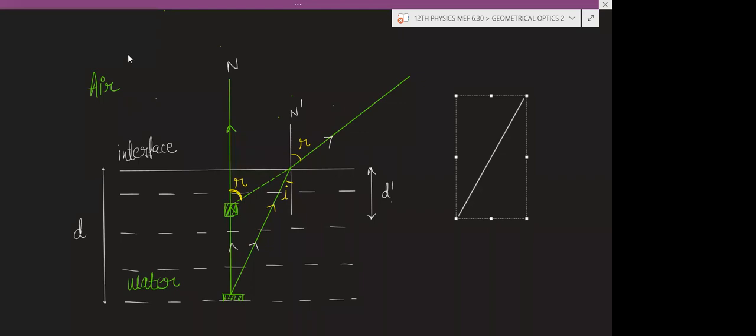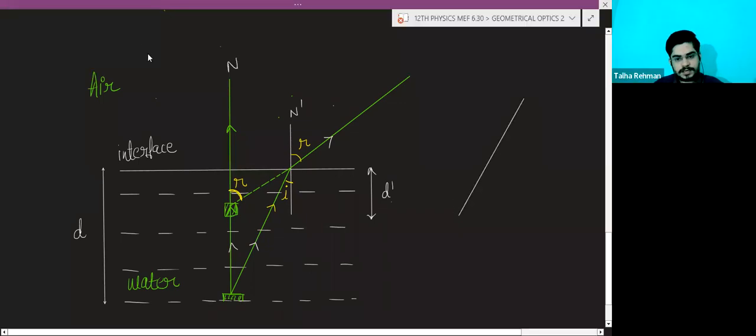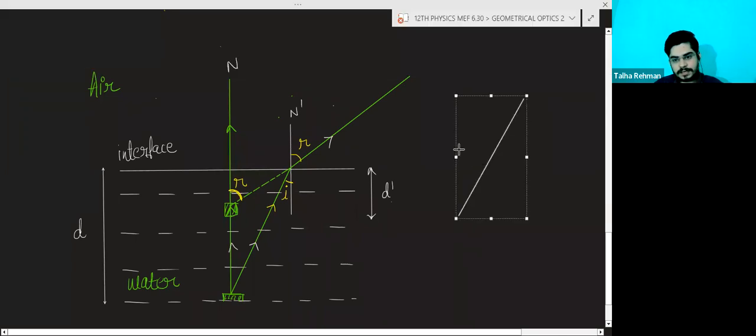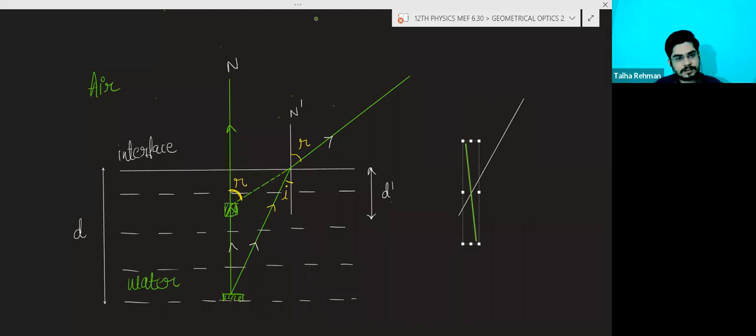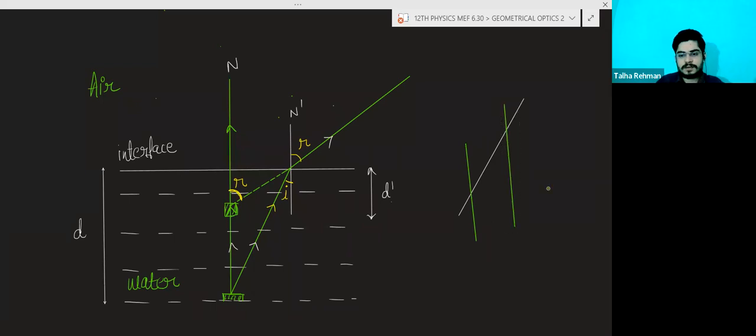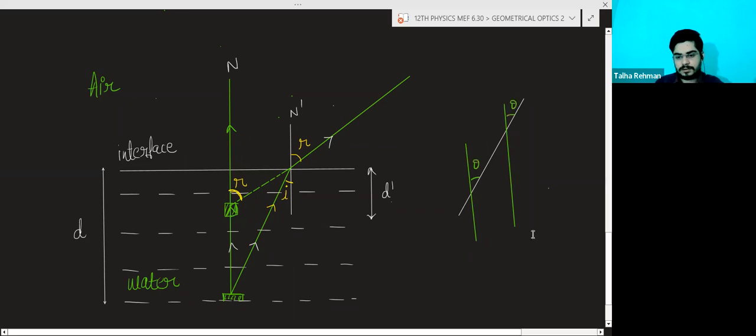Okay, fine. So if this is a straight line, and one line is this and another line is this, for example, 9th class geometry. If someone is saying this angle is theta, then in that case this angle will also be theta. This is the same line and these are two.